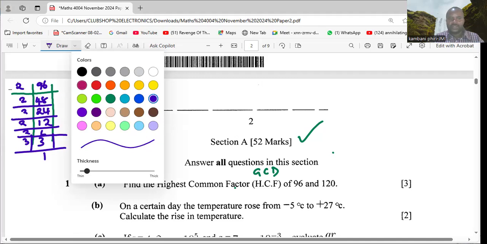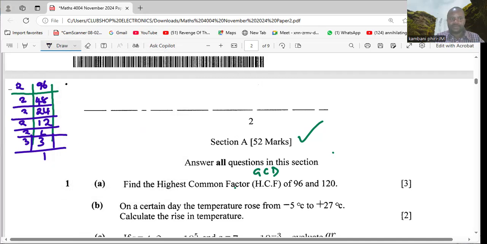If you wish, you could do it at the same time with 120, but I've decided just to separate 120. Then we have 2 here. 2 into 120, that is 60.